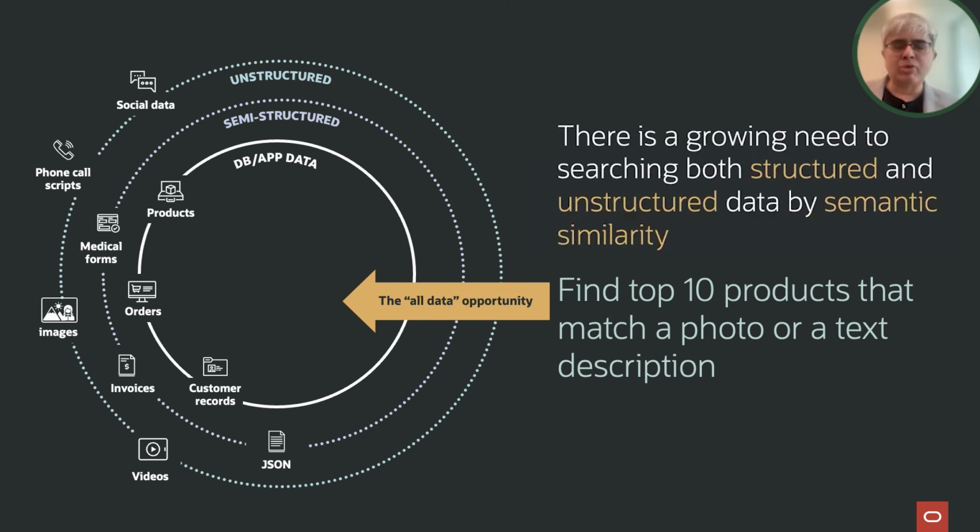Now, there is a growing need to extend this basic capability by being able to search all kinds of data, structured and unstructured data, not just by values, but by their semantic similarity. For instance, finding the top 10 products that match a photo or a text description in terms of similarity.